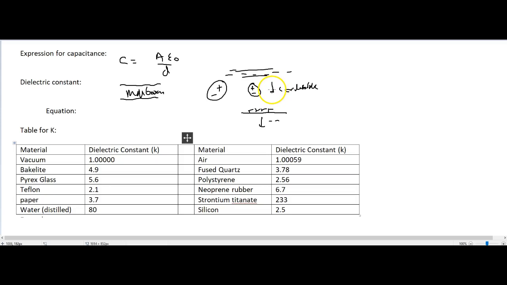We're lazy. So what we did is we said we're going to call something the dielectric constant. What's the dielectric constant? The dielectric constant is how much stronger my capacitor is because I'm using this dielectric goo in between the two. So all I have to do to my original equation is say, well, here's what a capacitor would normally be.